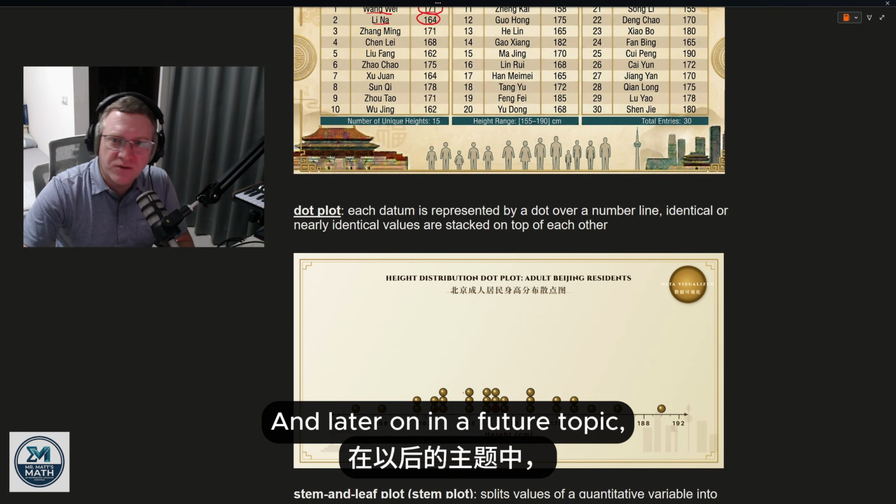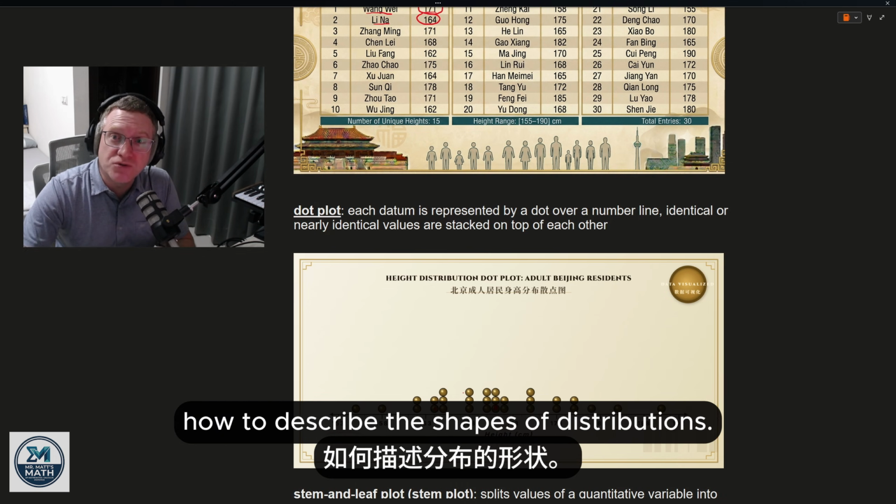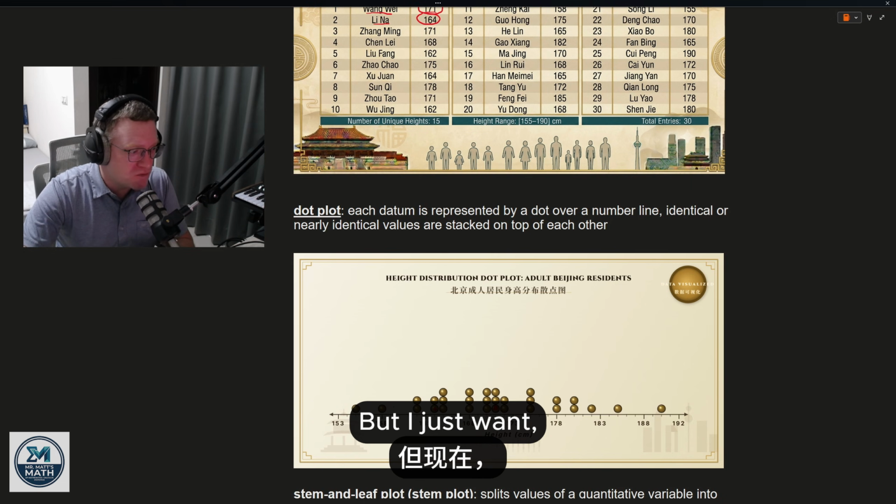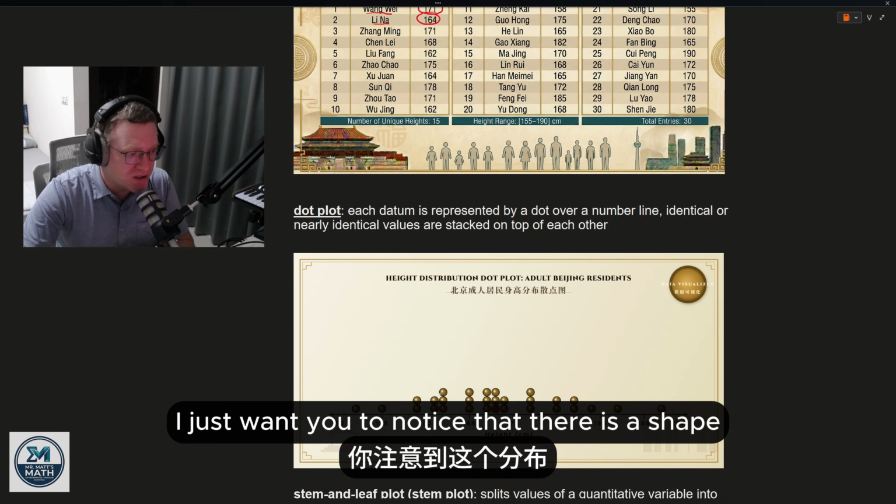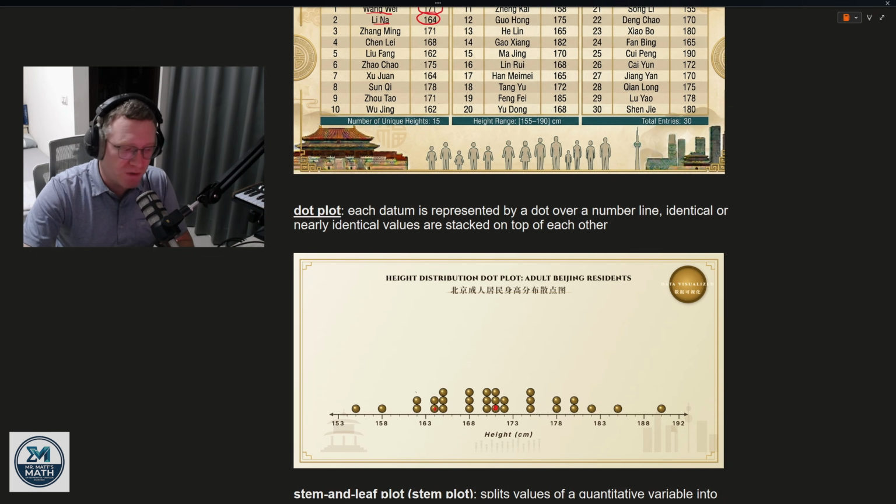In a future topic, we are going to talk more about how to describe the shapes of distributions, but right now I just want you to notice that there is a shape to the distribution.